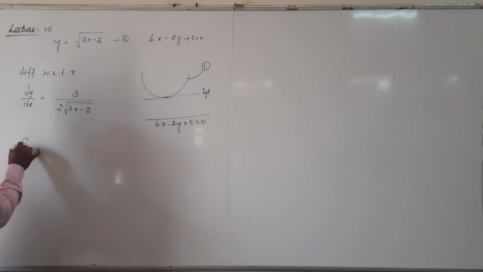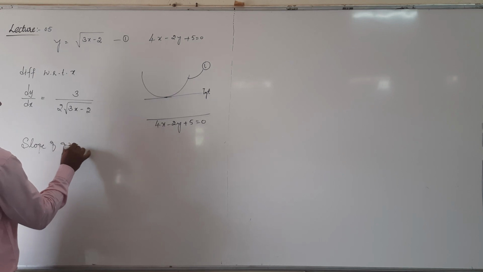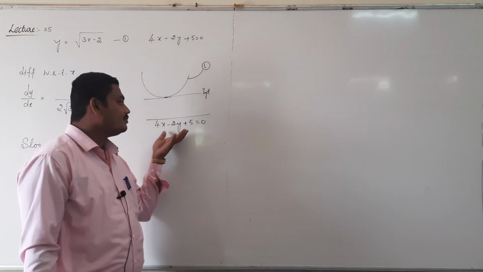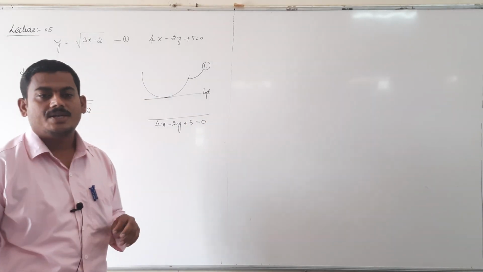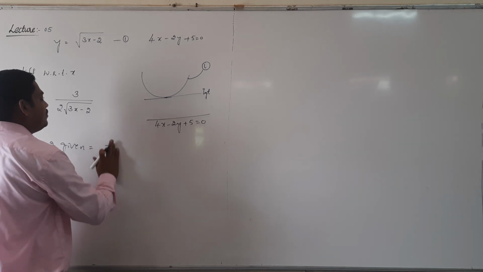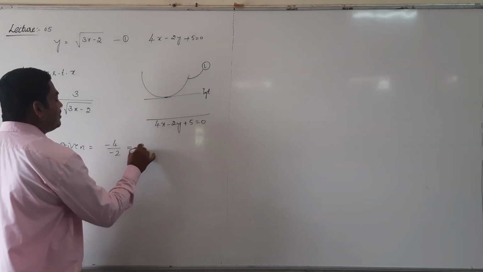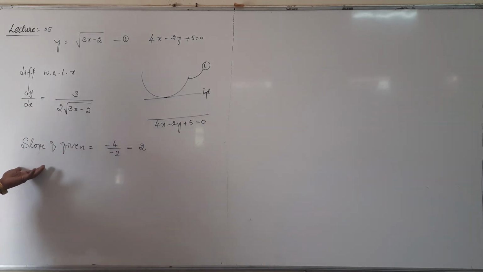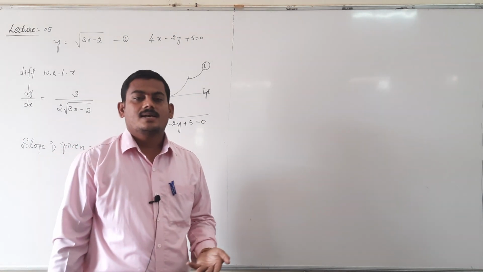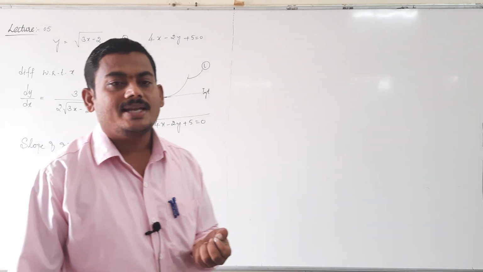Next, what is the slope of the given line? It is like ax plus by plus c equal to 0, then its slope is minus a divided by b, which is minus 4 divided by minus 2, that's equal to plus 2. The slope of the given line is equal to 2. Then what is the slope of the tangent line? The slope of the given line is 2, so the slope of the tangent line m1 is also 2.